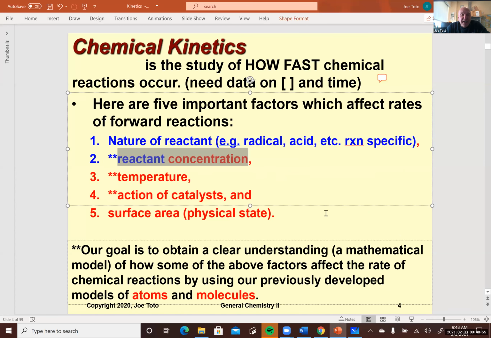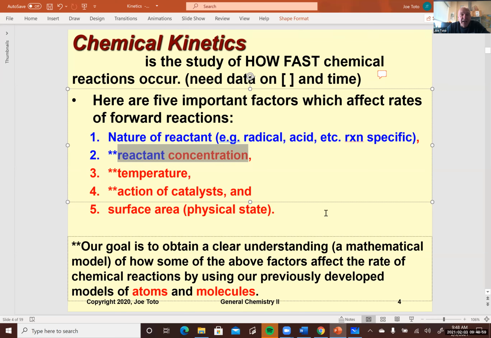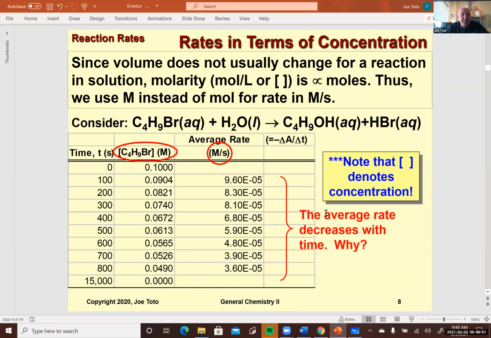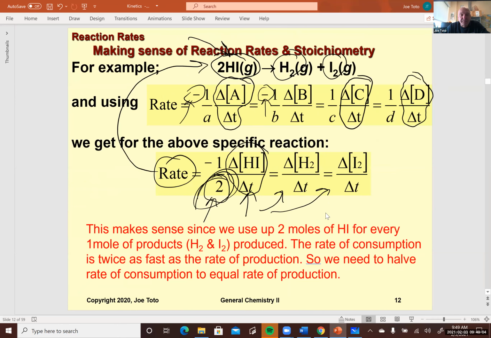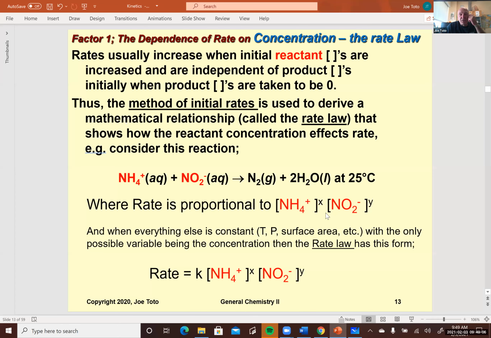How does the reaction concentration affect the overall rate of a reaction? So now we're going to get into that here with this slide. So what we want to do is derive what's called a rate law. And it talks about the rate law on this slide.